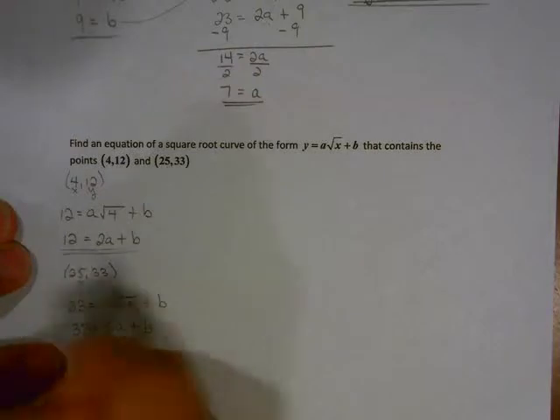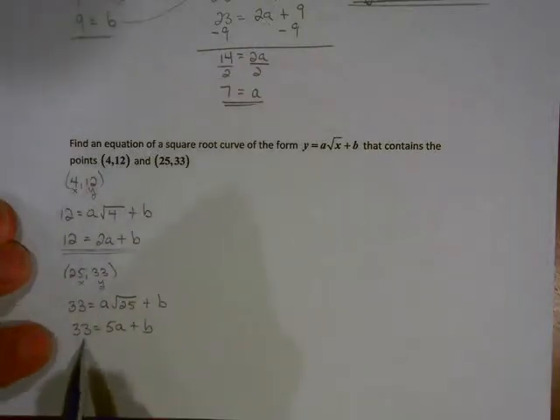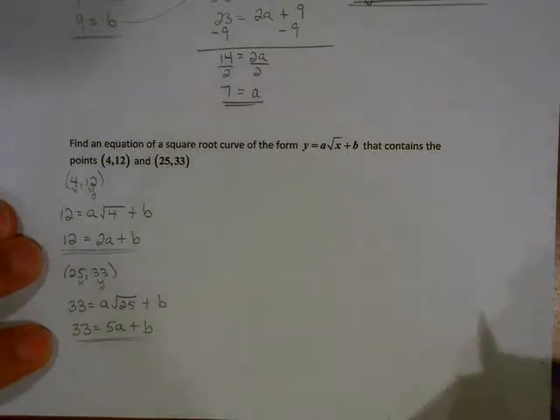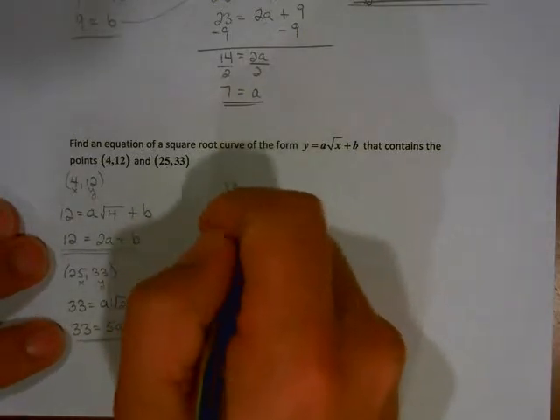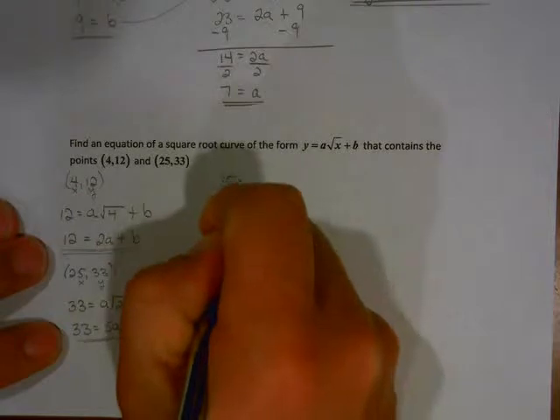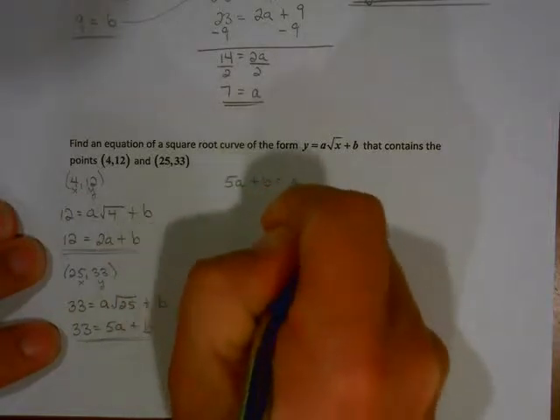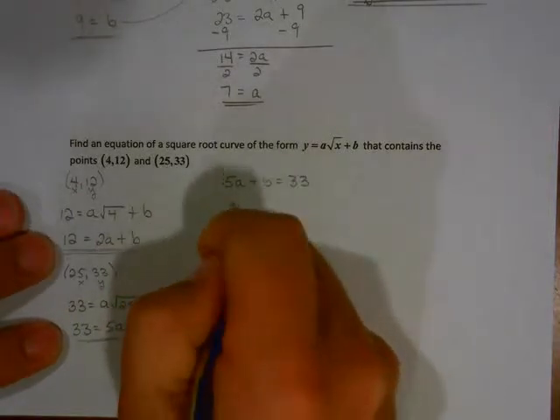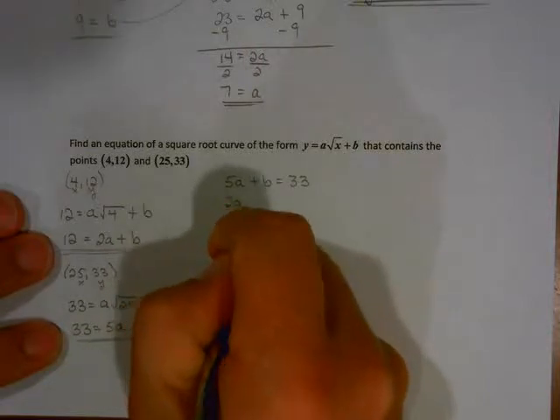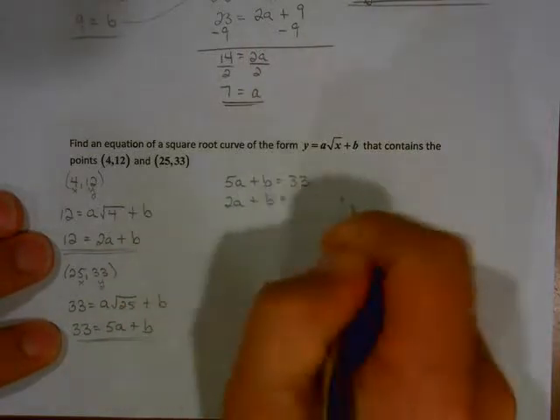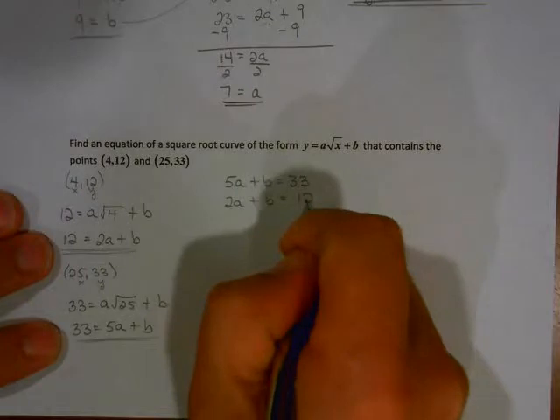Notice in this equation I have 2 unknowns, and in this equation I have 2 unknowns. So I really have a system of equations now: 5a plus b equals 33, and 2a plus b equals 12.